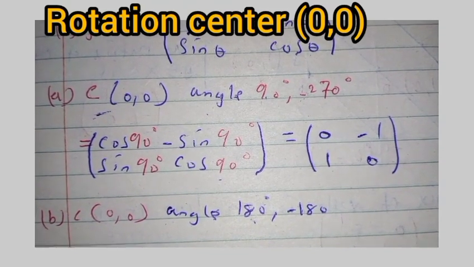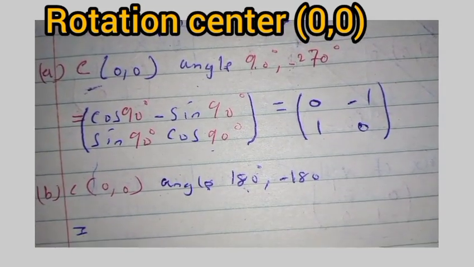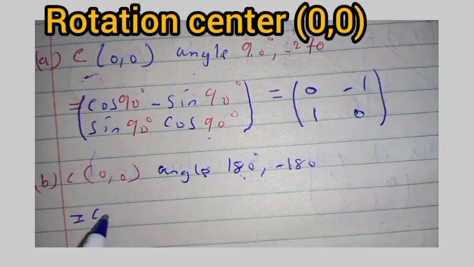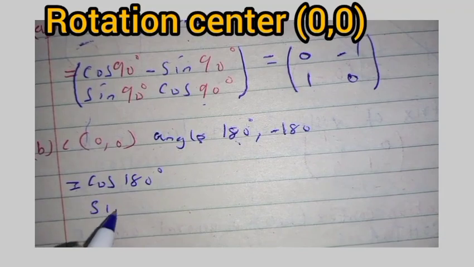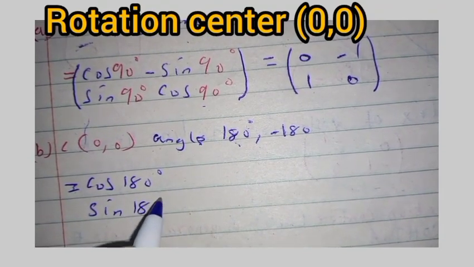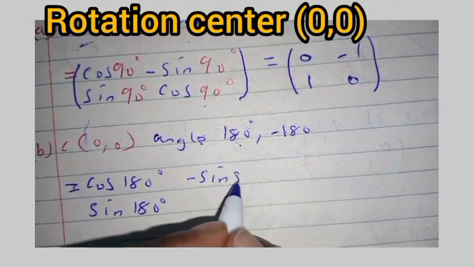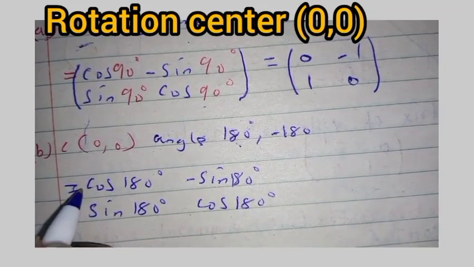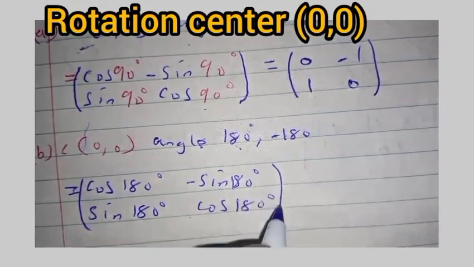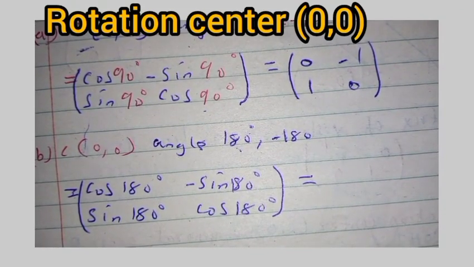So from our general case, we are going to have cos of 180 degrees, then sine of 180 degrees, negative sine of 180 degrees, cos of 180 degrees. Again, you can get this from calculators, but the cos of 180 degrees is negative 1.